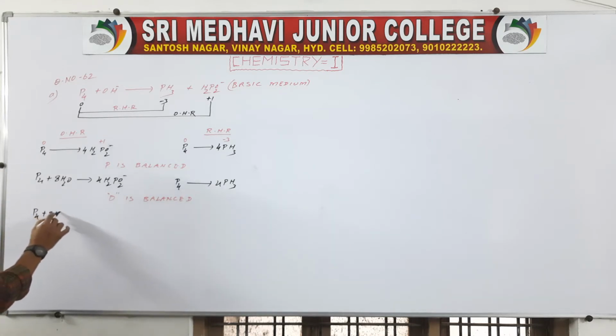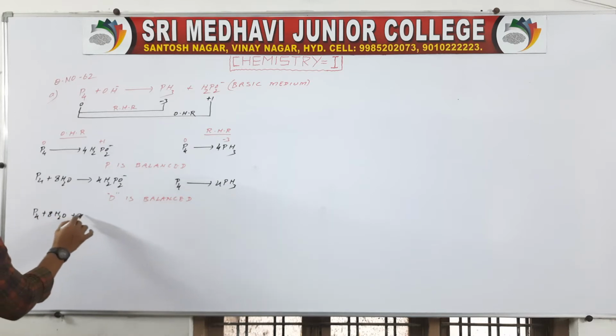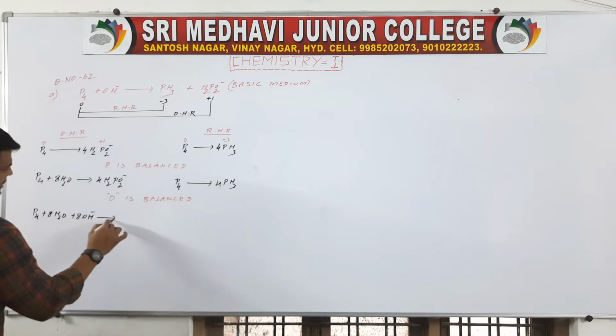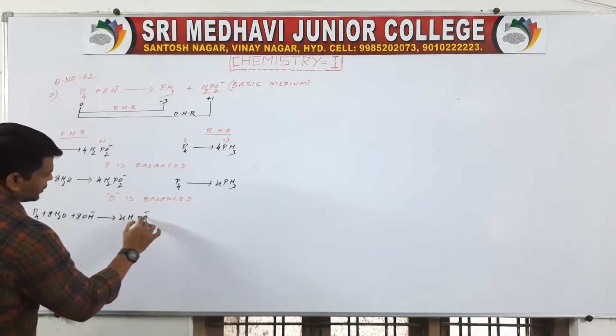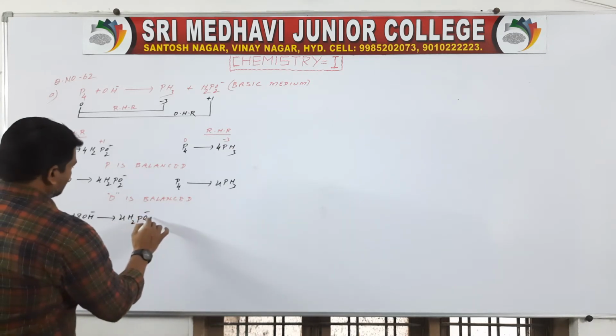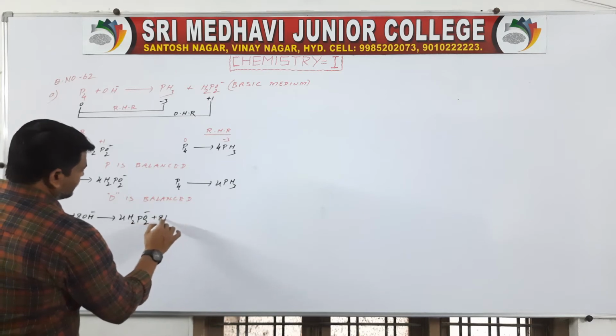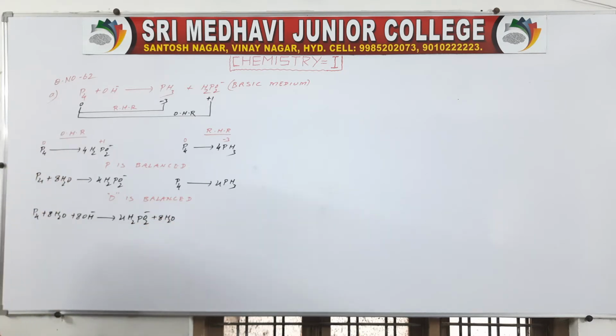P4 plus 8 H2O plus 8 OH minus gives rise to 4 H2PO2 minus plus 8 H2O. Understand?